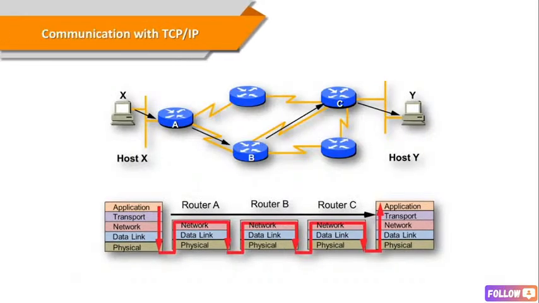The physical address, commonly the MAC address, which is located in a special field in the data link layer header, changes as the packet passes from one device to another. For example, from the source PC to a switch, to a router, to another switch, and then finally to the destination PC.